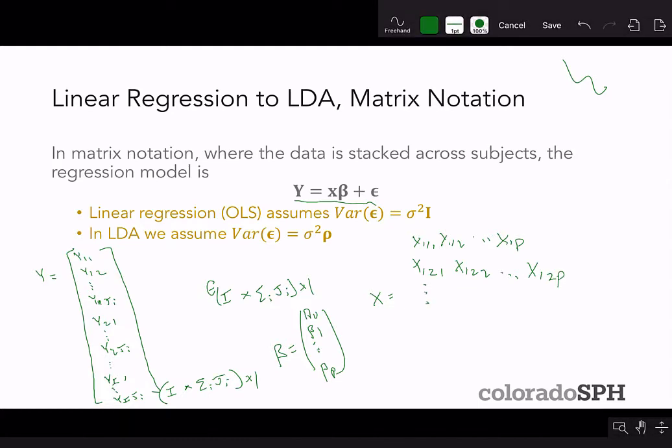And then finally, the last row is going to be the x value for the ith subject at the ji-th time point for the first covariate. And so this is a matrix called your design matrix that has all your covariates.